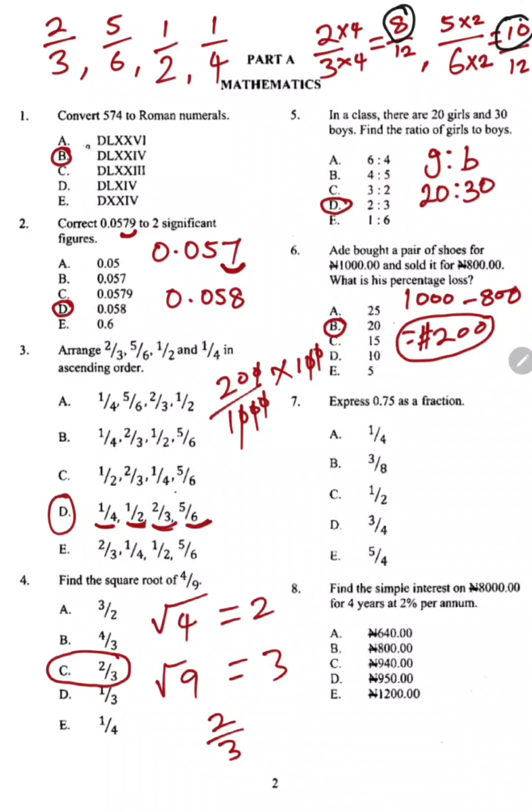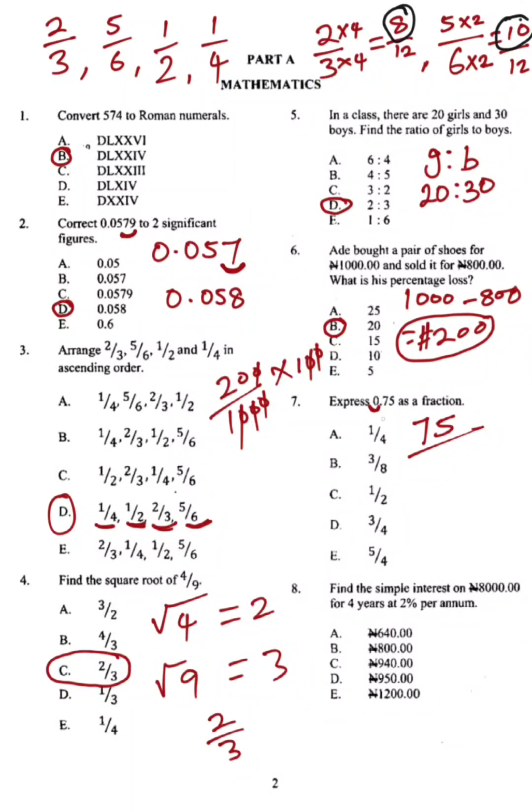Now we move to number 7. Number 7 says express 0.75 as a fraction. To express any number as a fraction, all you need is to write that number and then put it over something. I write the same number, 75, over, and what we usually write is the significant number. We don't care for this 0, because it is not significant.